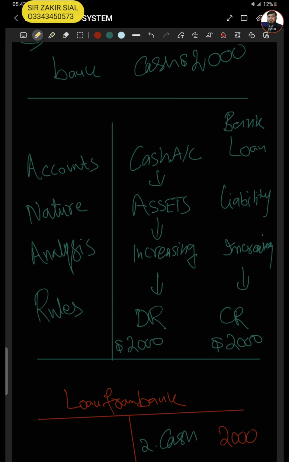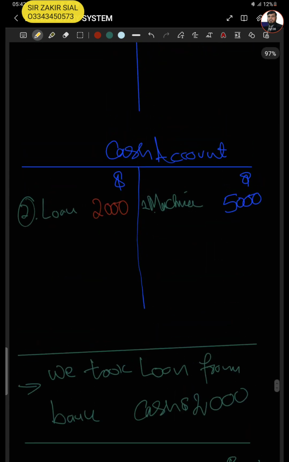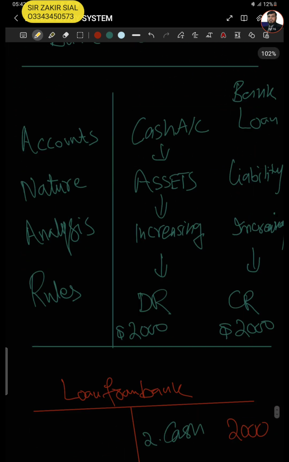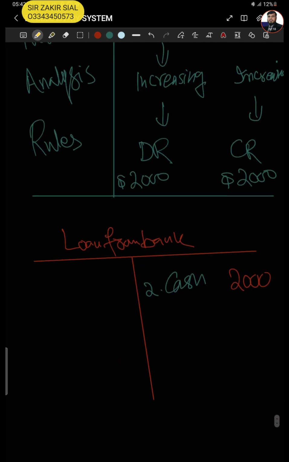Bank loan, which is liability, increasing, we write on the credit side 2,000. So cash account 2,000 on the debit side, you can see, and loan from bank 2,000 is written on the credit side.